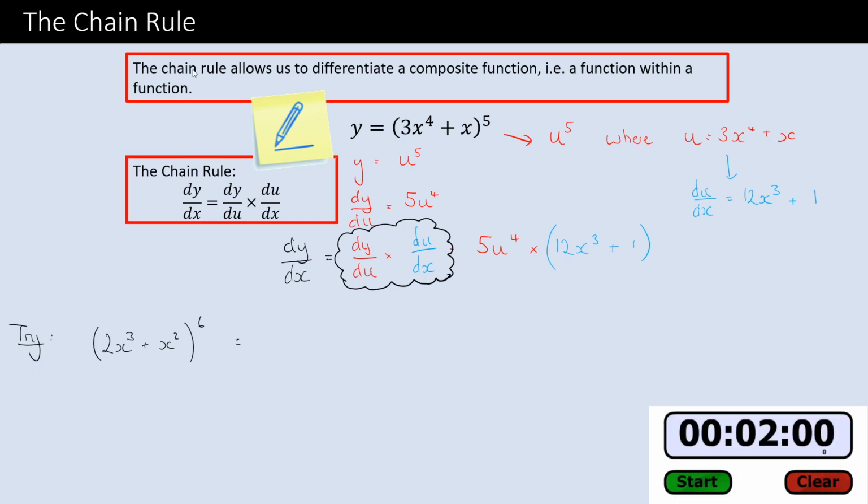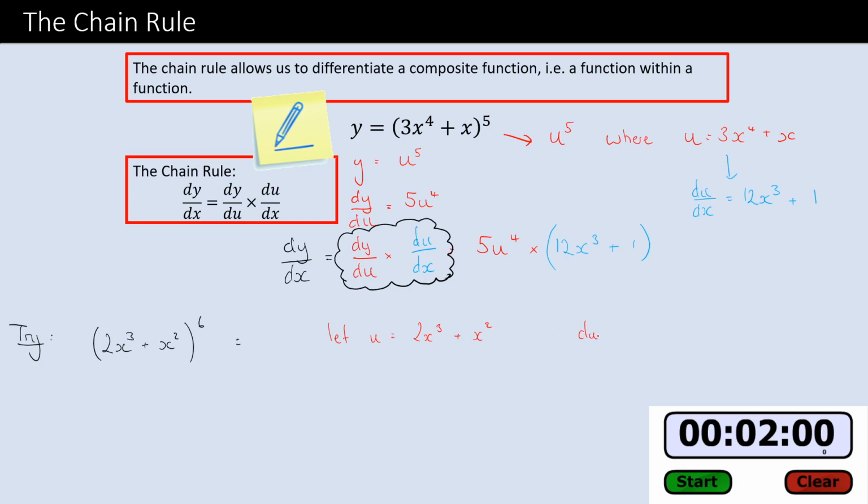All right, so let's put an answer together for this one so we can see how that went. I'm going to use two different colors just to split up what I've got. I'm going to let u be 2x cubed plus x squared.